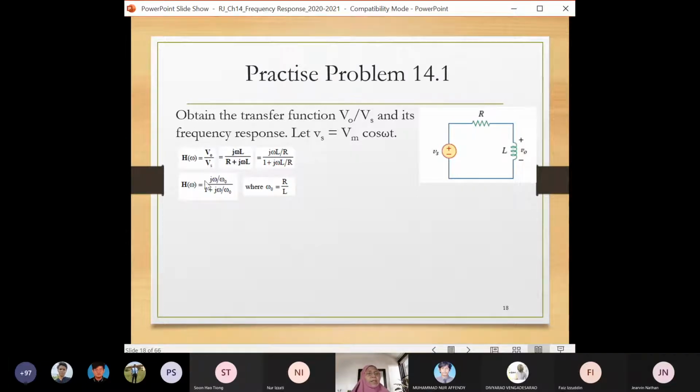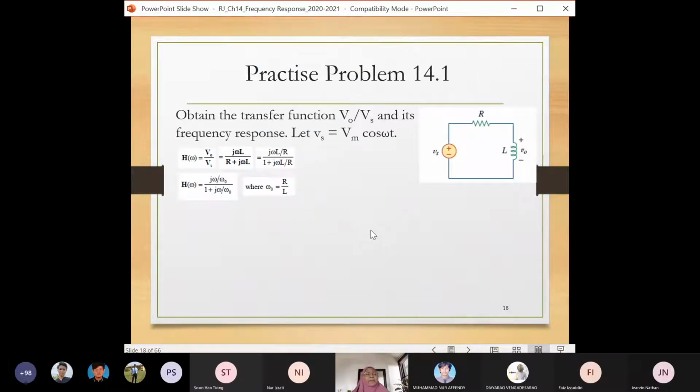So for the transfer function, H omega equals VO over Vs, where VO is J omega L and Vs is R plus J omega L, and overall you will have omega naught equal to R over L.